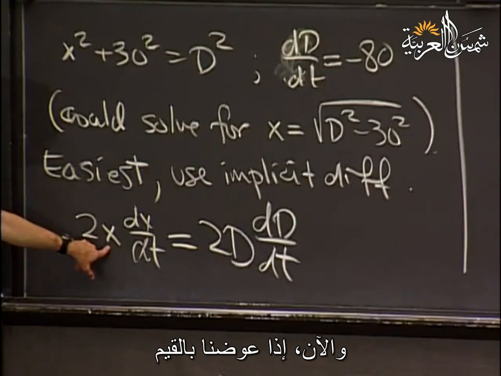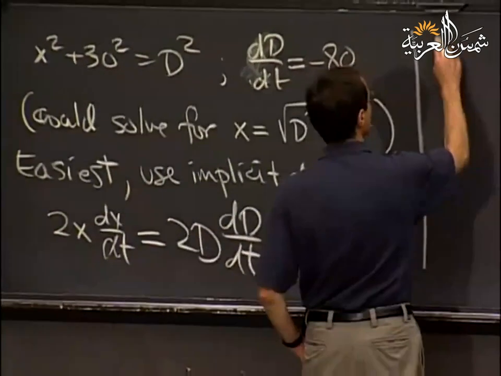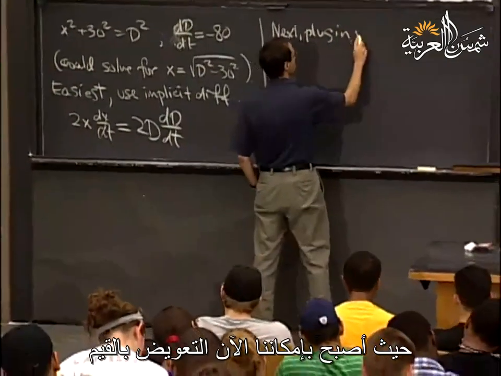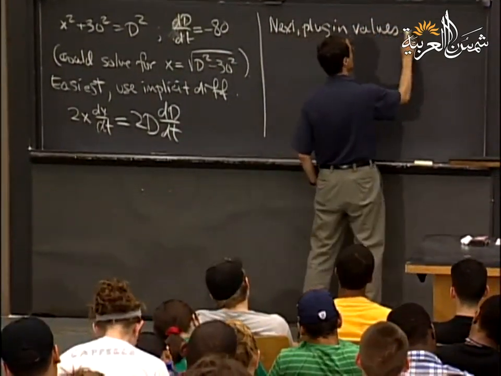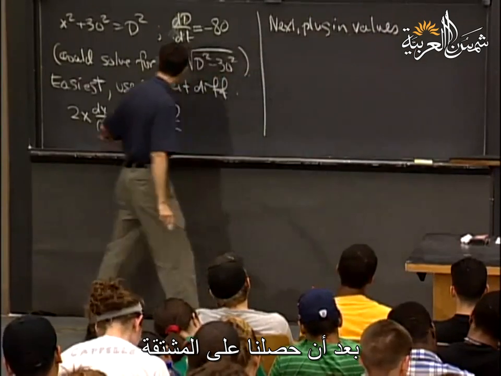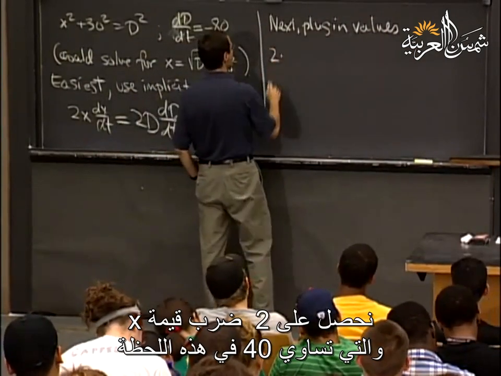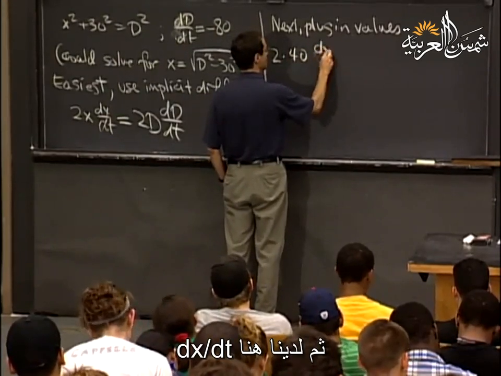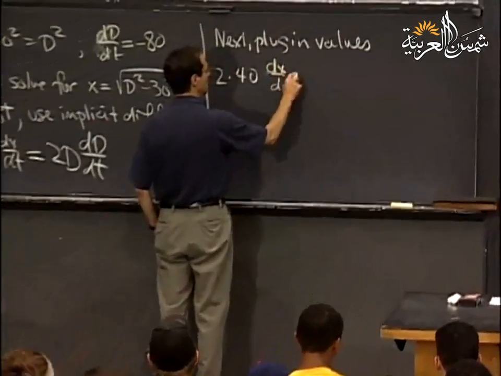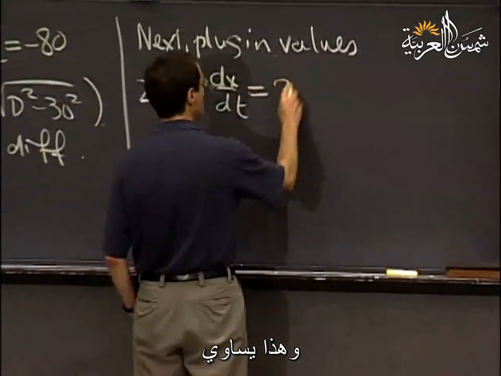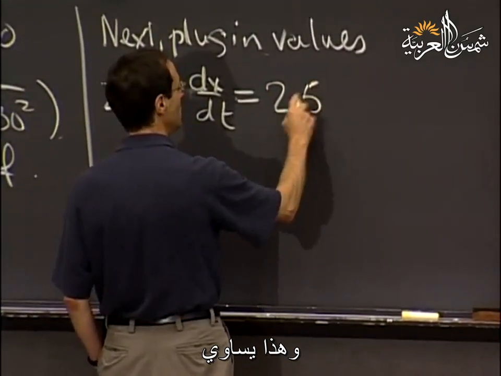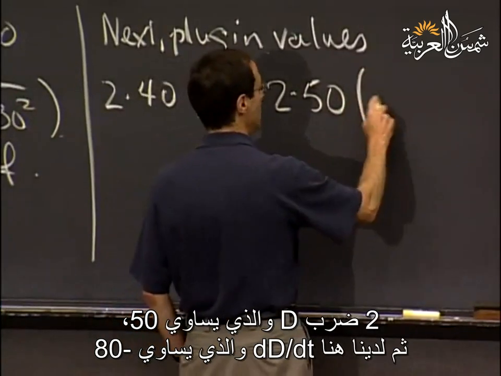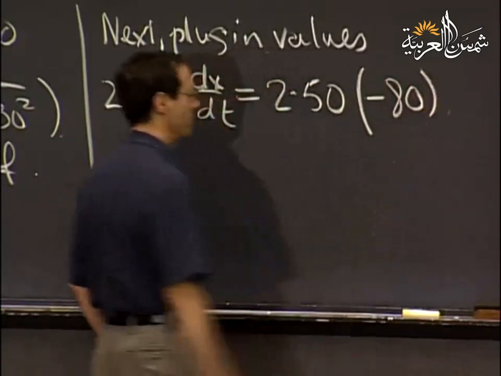Now I can plug in values. So this is after taking the derivative. And indeed, we have here 2 times the value for x, which is 40 at this instant, times dx/dt, and that's equal to 2 times d, which is 50, and then dd/dt is minus 80.